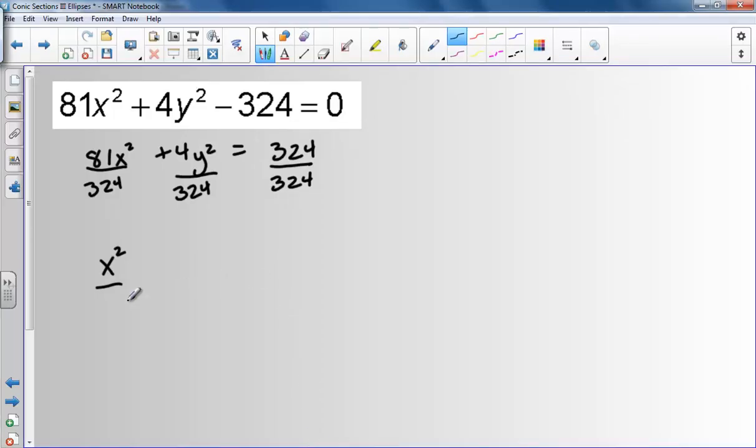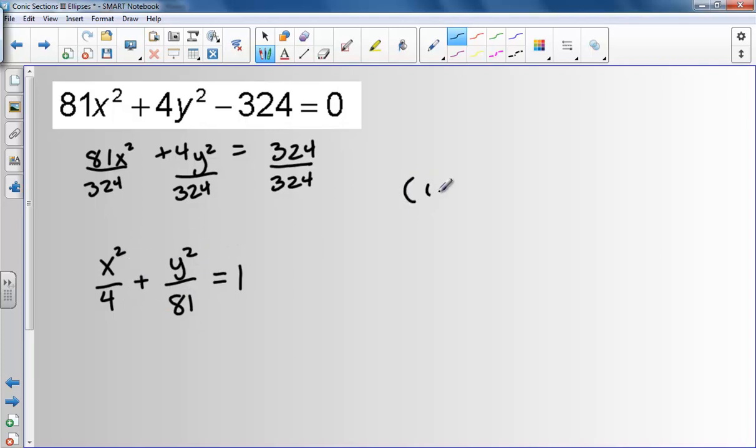That reduces down to 1 over 4, so I've got x squared over 4 plus, and then this one is going to reduce down to 81. These always work out so nicely, unlike the real world. So this is my standard form.